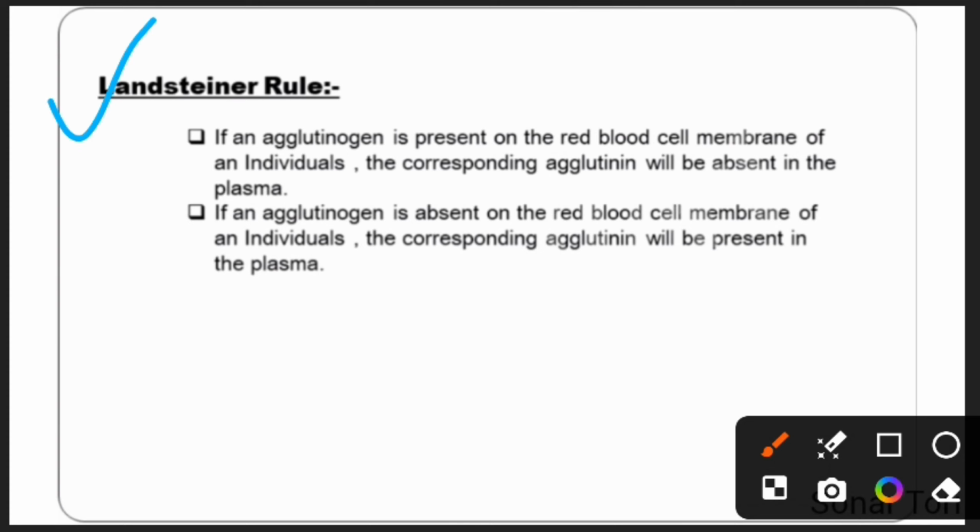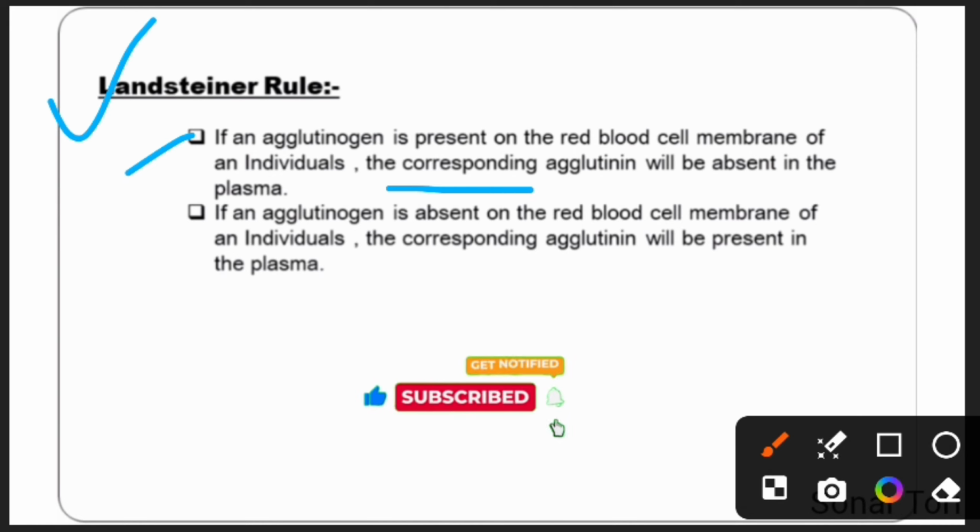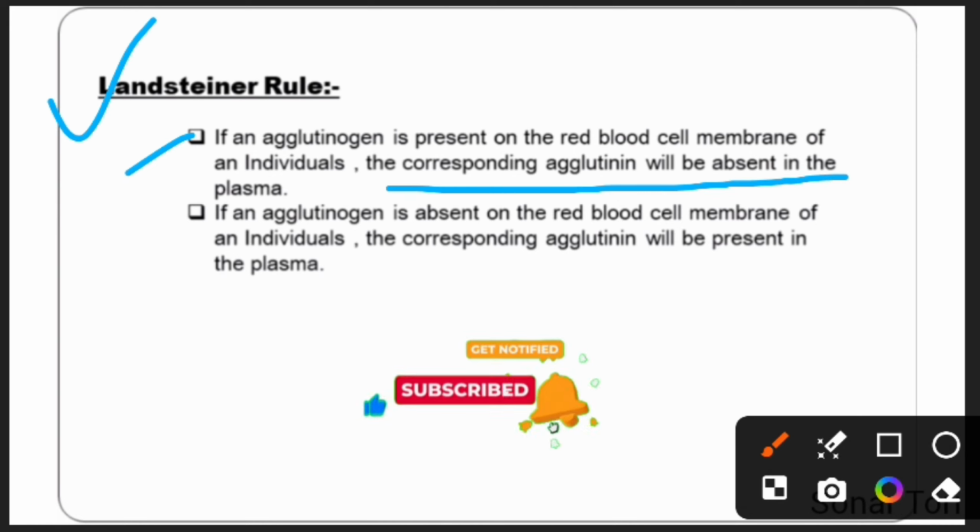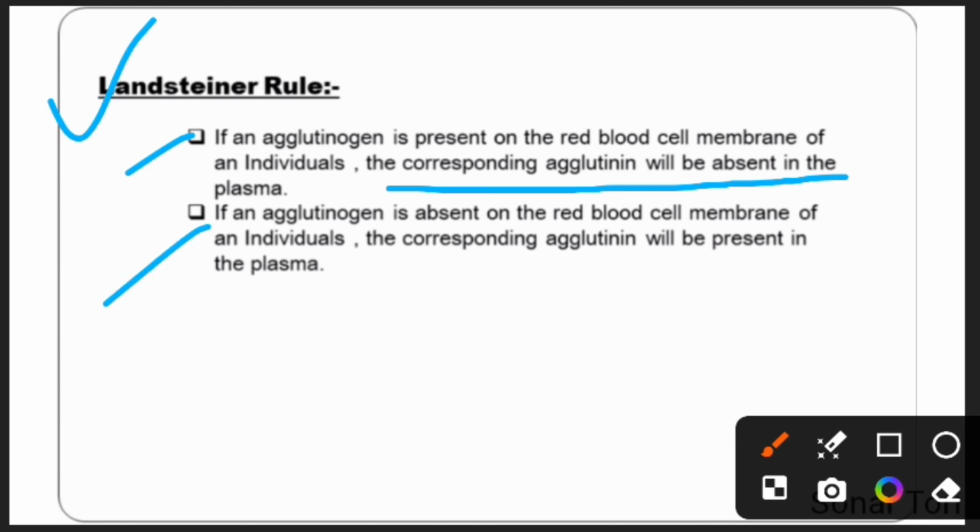Landsteiner rule. Scientist Landsteiner, after he discovered the ABO blood group, proposed two rules about these blood groups. First one, if an agglutinogen is present on the red blood cell membrane of an individual, the corresponding agglutinin or antibody will be absent in the plasma. Second one is, if agglutinogen is absent on the red blood cell membrane of an individual, the corresponding agglutinin will be present in the plasma.